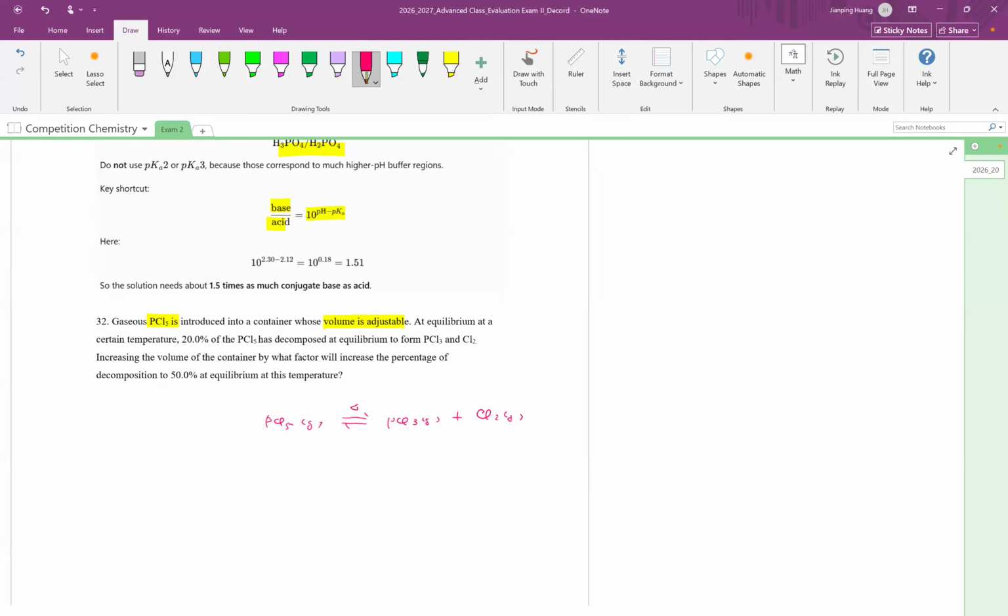But the difference is what? Look, increase the volume by what factor? The question gets a little bit challenging. In this case, at the equilibrium, at a certain temperature, T is the same.